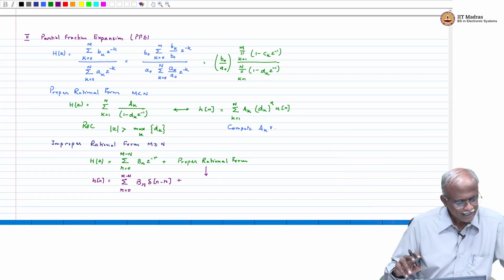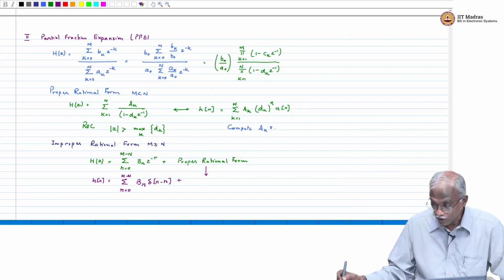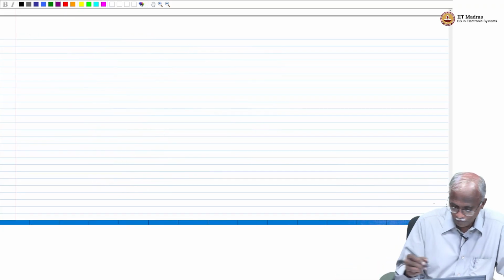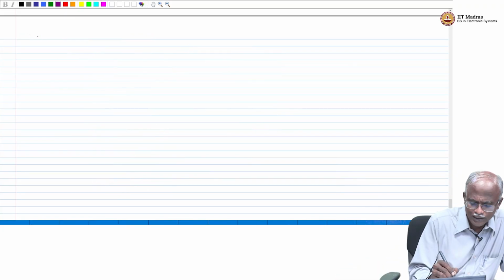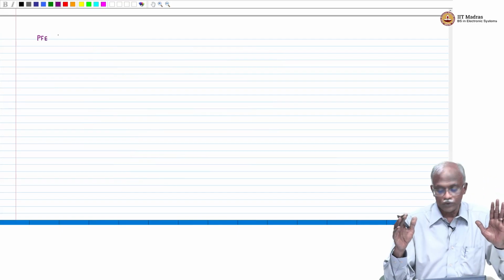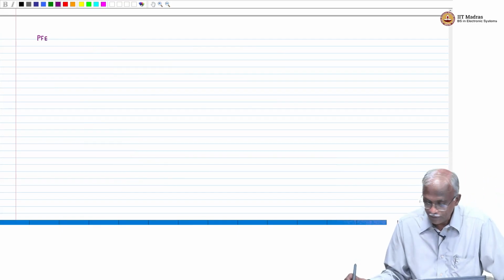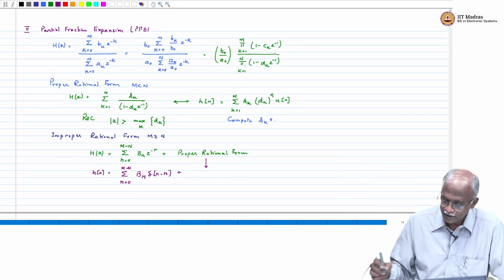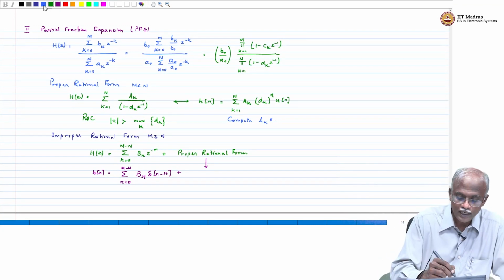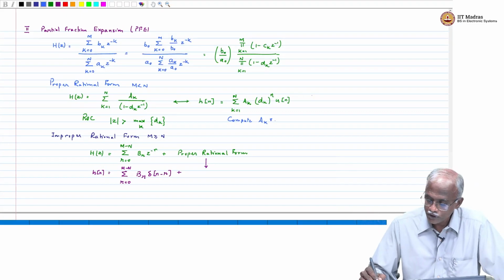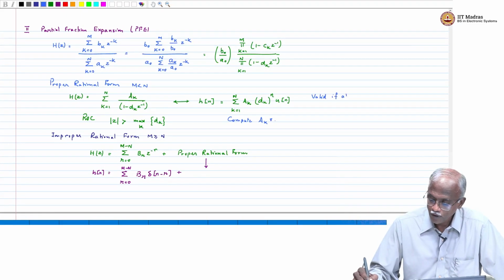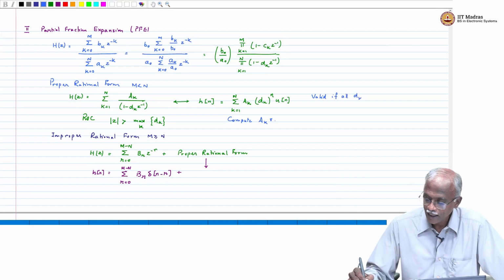Now, the only thing that we have not touched upon in the context of partial fraction expansion is if we get repeated roots, because this form that we have is valid if all roots, if all decays are distinct.